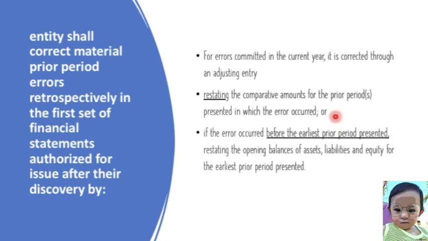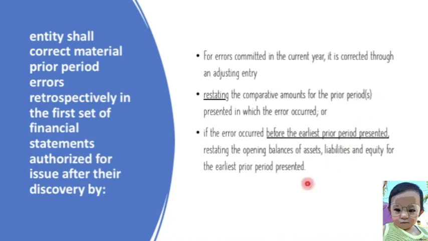So, you have the 2020 financial statements, and of course, you have to present the comparative period 2019. So, if the error was committed in 2019, you are going to change the balances. You're going to correct, you're going to restate the items in your 2019 comparative period. That's what we call restating the comparative amounts for the prior periods.